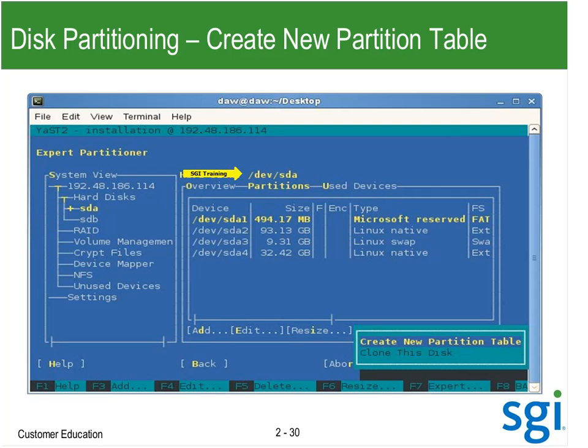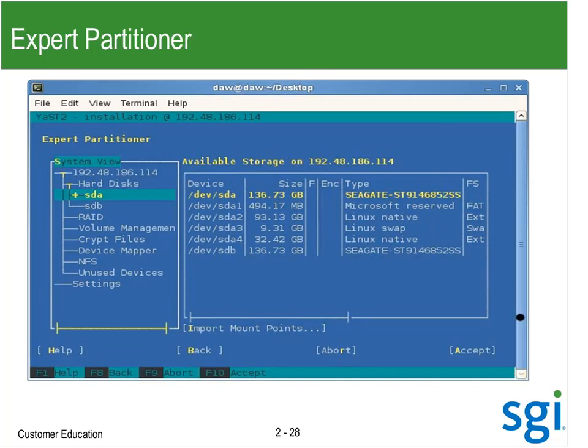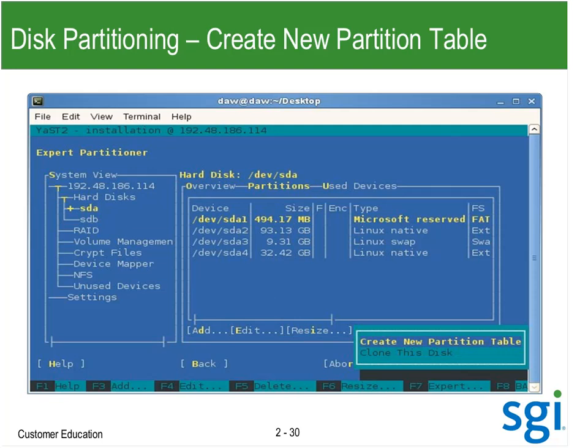I tabbed down underneath this menu, and there was an expert button. Let's see. Can't really see it in any of these other shots. So if I was on SDA and hit enter, then I'm going to get a per device view, and underneath this button is an expert button.